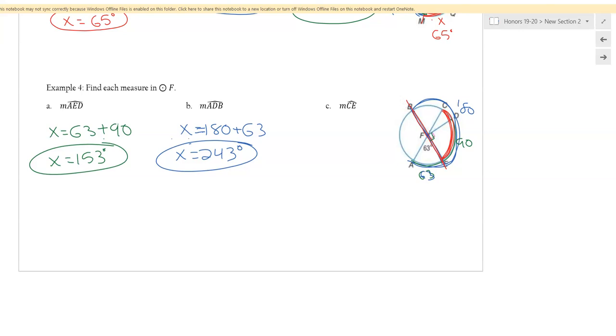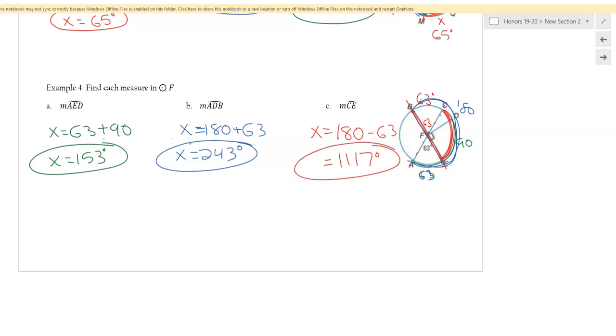And then if you look here, we have vertical angles. All those angle rules we knew before, we still know. So this one, I have 180 and I'm taking away that 63. And that's 117 degrees.